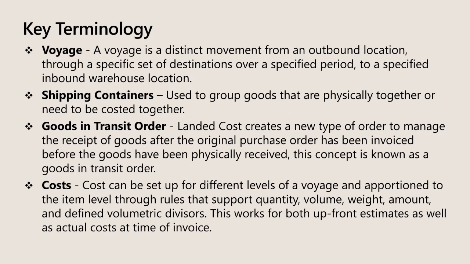And like I said, you can set those up ahead of time for your estimated costs of what you expect those to be, as well as you have the ability to also then go ahead and create those AP invoice journals in the system, link it to your voyage, and then have those actual costs updated, and then you can compare your estimated to your actual cost for any given voyage that you track in the system.